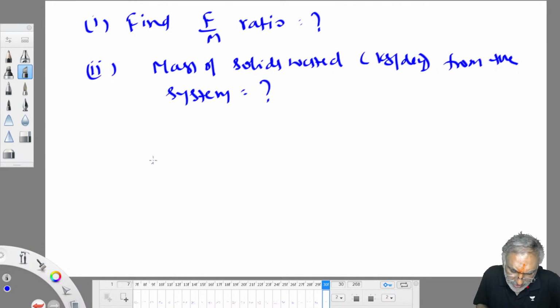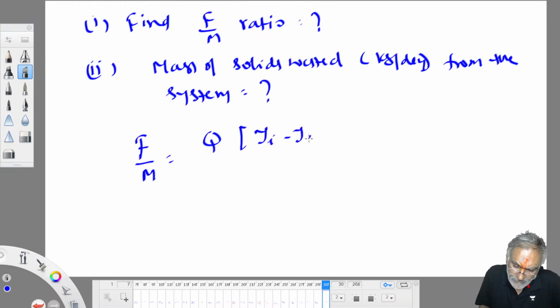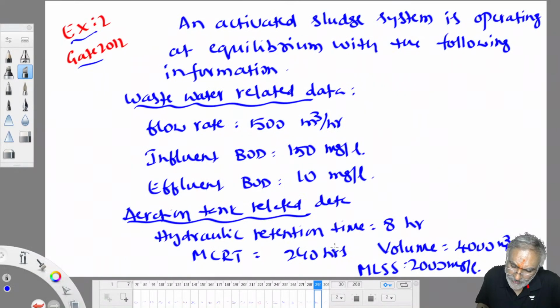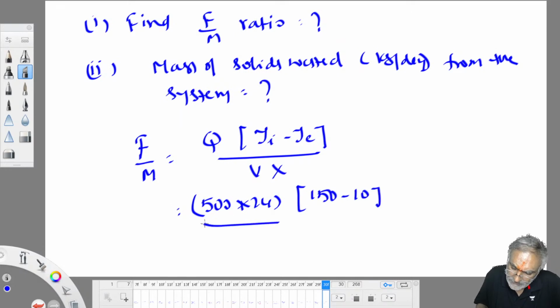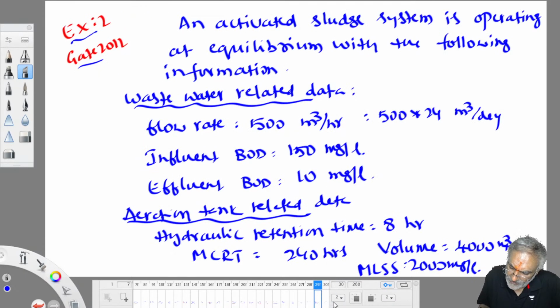How to find out F by M ratio? So Q will substitute in meter cube per day, but given there is in meter cube per hour. How to convert meter cube per hour into meter cube per day? 1 hour is equal to 1 by 24 days. So therefore, this become meter cube per day, 500 into 24. So YA and YE given in the question 150 and 10. Volume also given in the question 4000 meter cube.